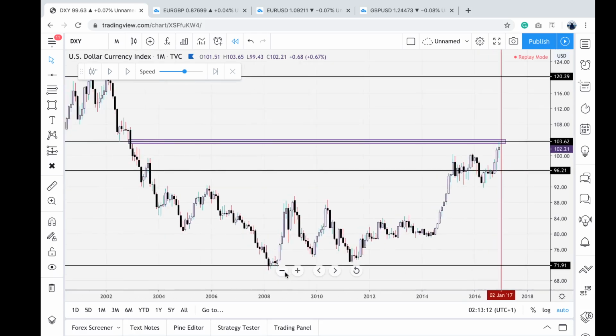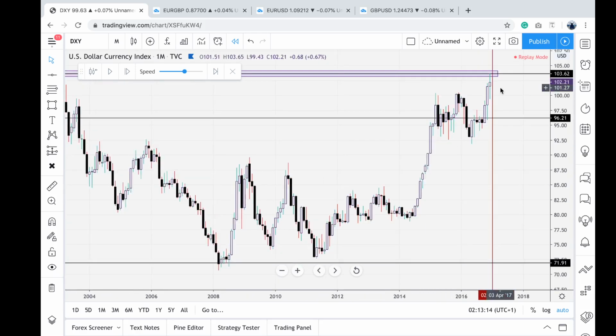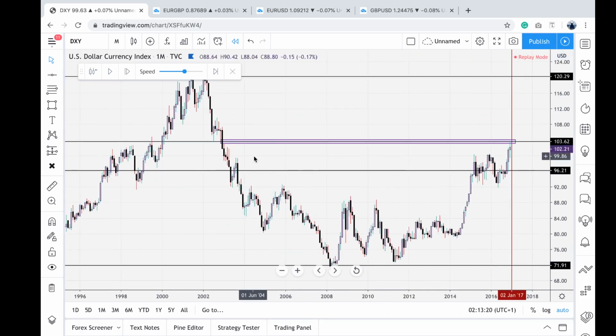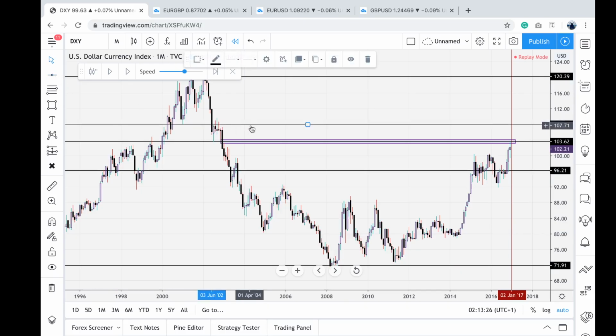All right, and then our bias would be that should price break 103.62 to the upside, then we could look for potentially price taking out this high. So we're going to set that level there. If price sticks at that level, then we know we're now bullish and looking for 108.03 as an upside target for price to reach for.